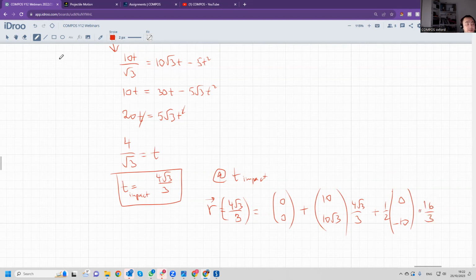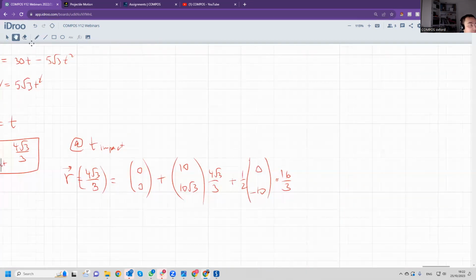Well, t squared is 16 thirds. And we simplify that. 40 root 3 over 3.